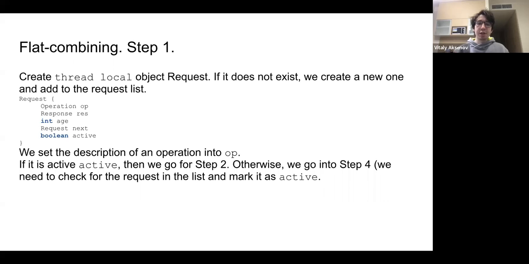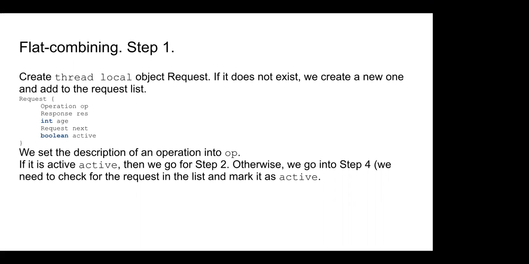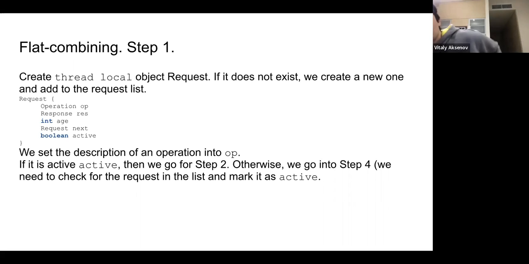The tricky thing here is that it doesn't publish a new node. It takes the same cell, the same request object that is waiting in this publication list, and puts the new operation there. That's a little bit different from CLH queue, where you always add a new node to the list.